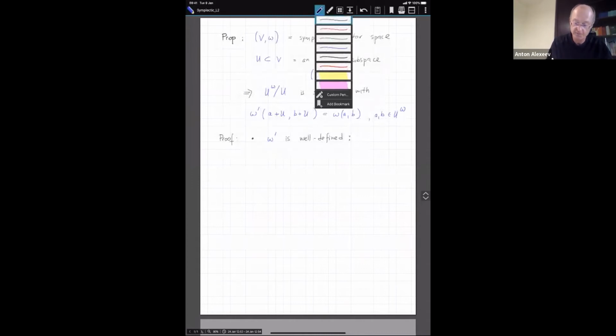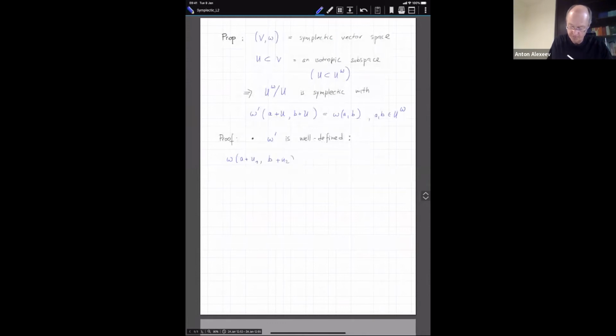This is very easy. So in fact, omega of A plus U1, B plus U2, where A and B are in U omega, and U1 and U2 are in U, is equal to omega of A, B.